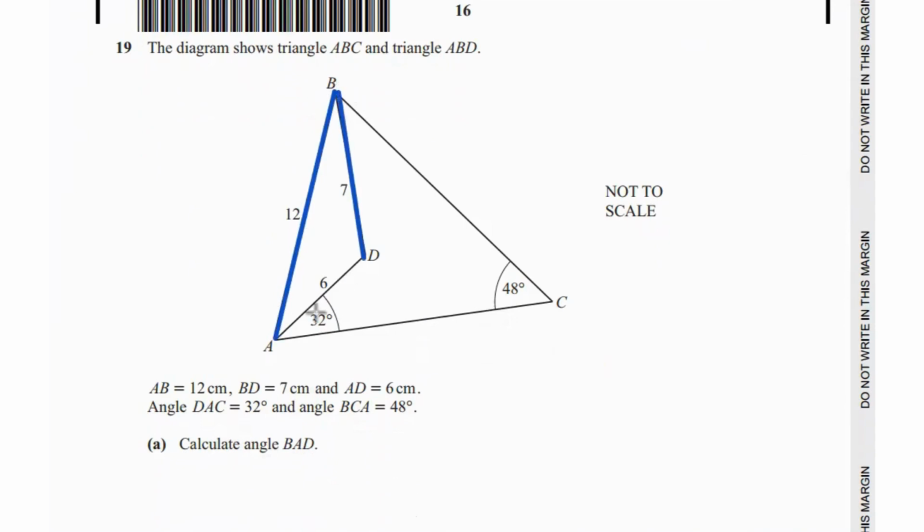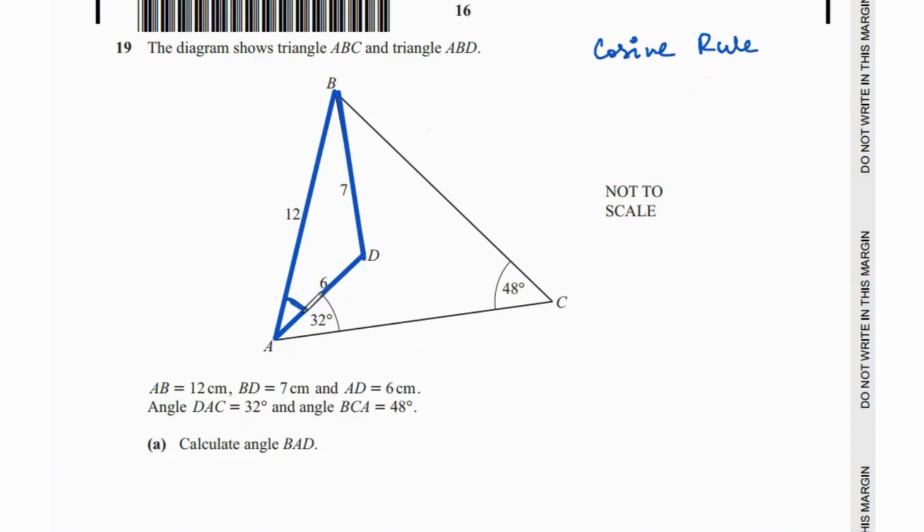If you notice in this triangle, all 3 lengths are given, and they're asking us to find this angle. So remember, whenever all 3 lengths are given in a non-right angle triangle, we can use the cosine rule to figure out the missing angles.